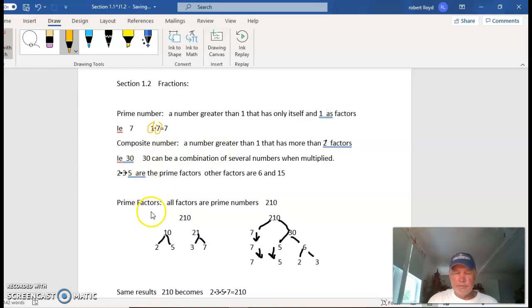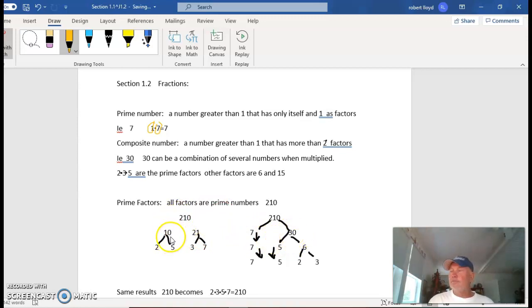Prime factors. Prime factors are where all the numbers are prime. So let's start with 210 a couple different ways. 210 can be 10 times 21, or it can be 7 times 30.